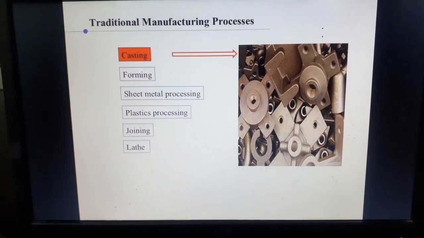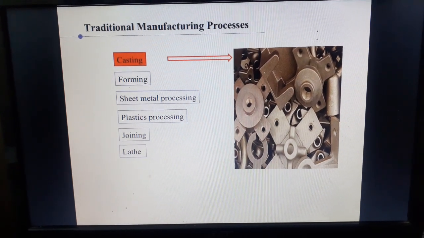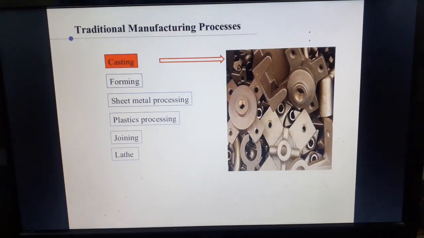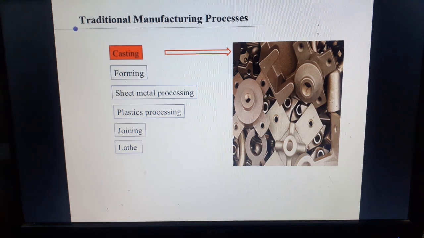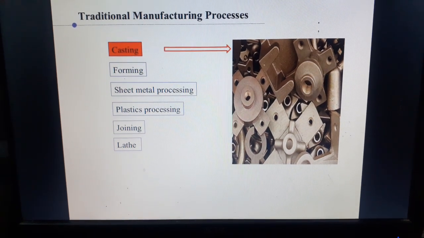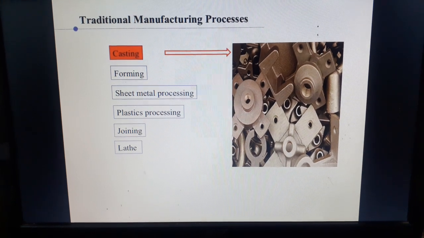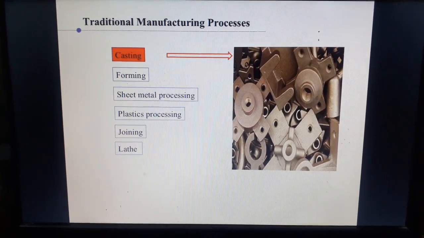Here you can see the casting is very old. It is a conventional manufacturing process. Then we can make objects by forming, sheet metal processing, plastic processing, joining, or by machining, that is metal cutting process.